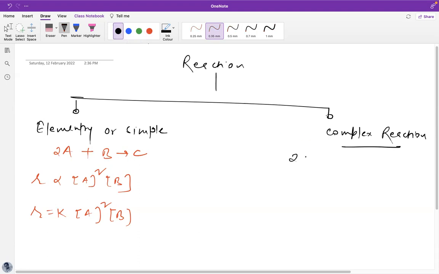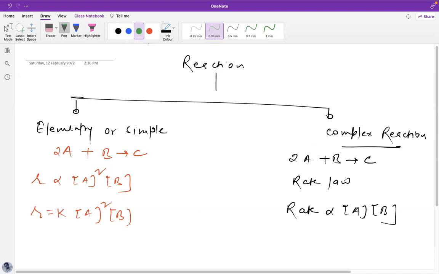Suppose the same reaction, 2A plus B going to C. If you apply the rate law here, the rate is directly proportional to the concentration of A and the concentration of B. But the stoichiometry will not be the power of A and B for a complex reaction. It can be any number, suppose X and Y. And this X and Y come from experiments. So we can say X and Y are experimental values.